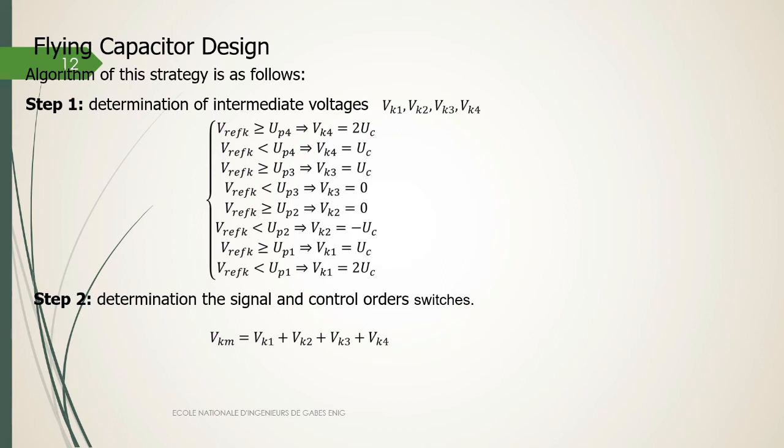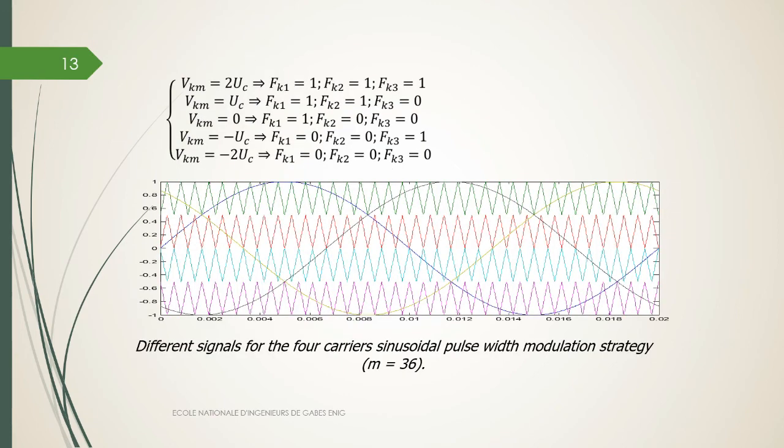We move on to step 2, which is the determination of the signal and the control orders of the switches, VKM equal VK1 plus VK2 plus VK3 plus VK4. We can see in the picture the different signals for the 4-carrier sinusoidal pulse width modulation strategy with M equal 63.